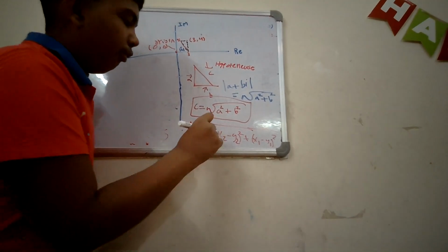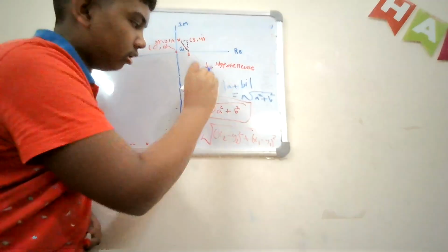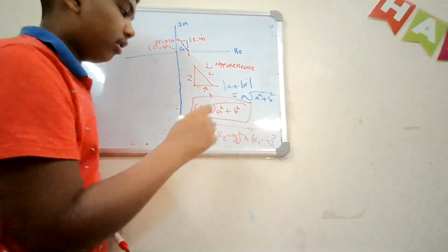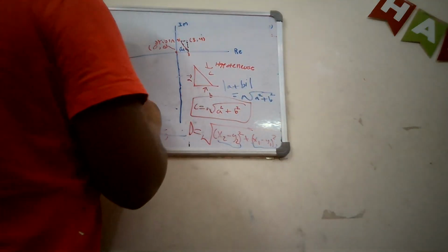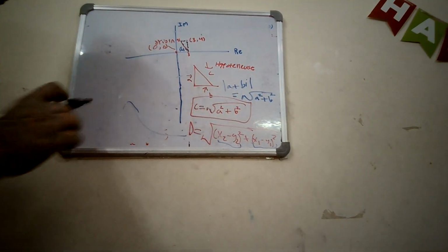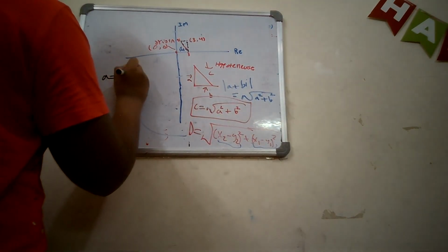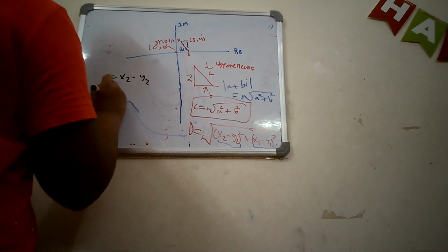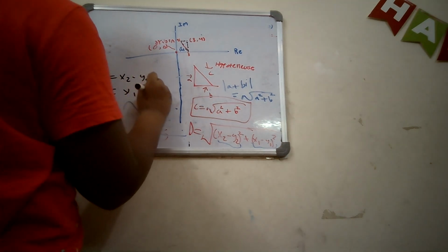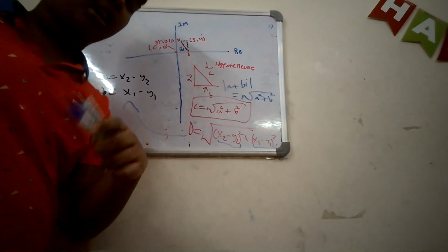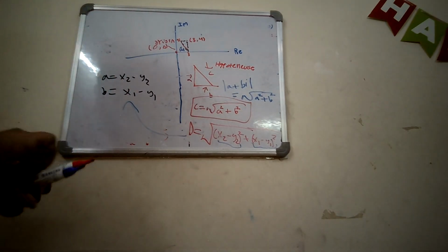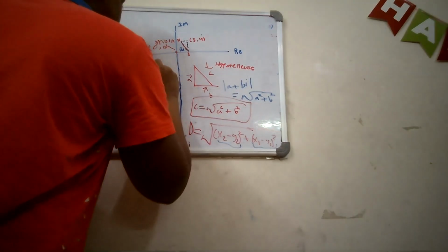This is in the same form. There's a radical, okay? There's also a square, and so this is almost like saying that A is equal to x2 minus y2, and B is equal to x1 minus y1. And if you're taking this, you're absolutely correct. Good job. Now, but the thing is, you're going to have to put an absolute value here.